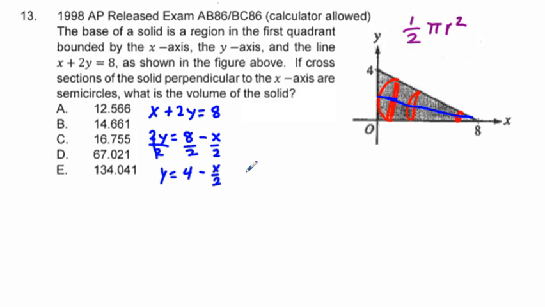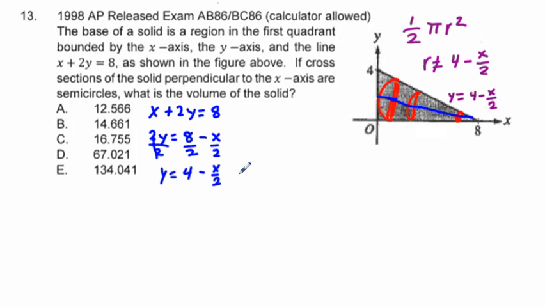Well, r is not equal to this 4 minus x over 2, and why not? Because this function here, y equals 4 minus x over 2, is not a radius but a diameter.